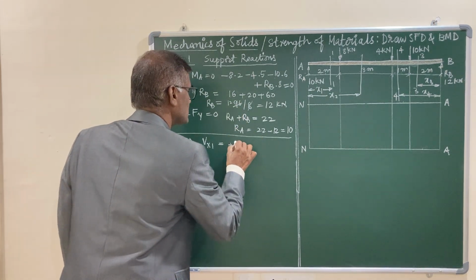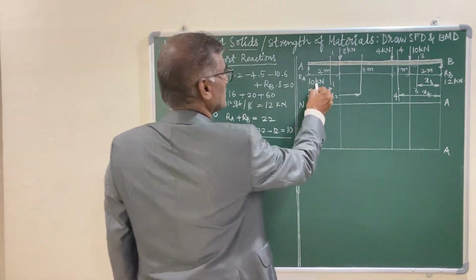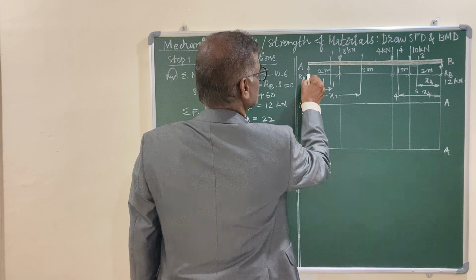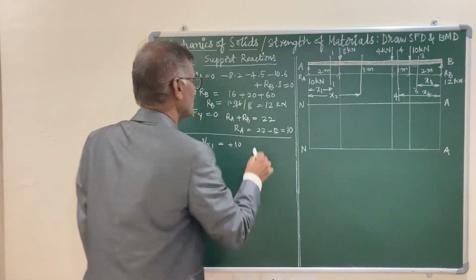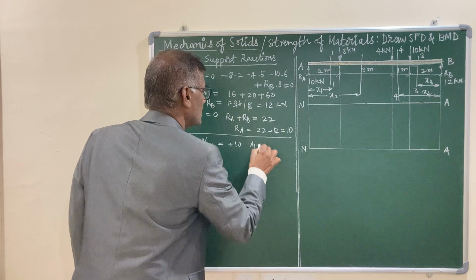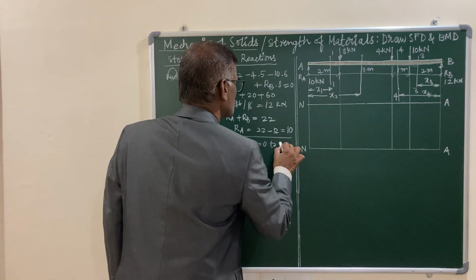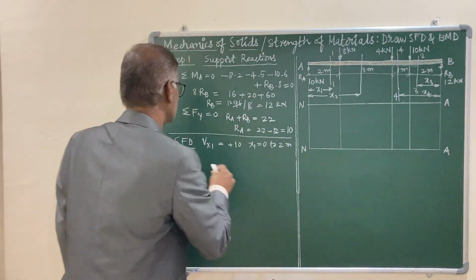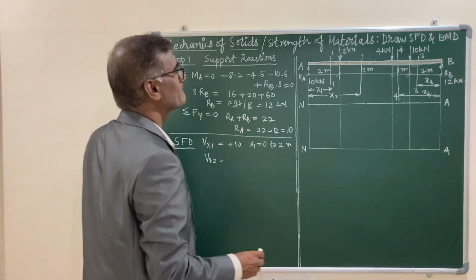So it is plus 10, and this 10 kilonewtons is valid from the beginning, that is at point A, to the point load 8 kilonewtons. That means x1 equals 0 to 2 meters. So this is my first shear force equation.